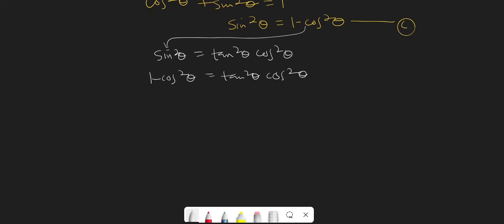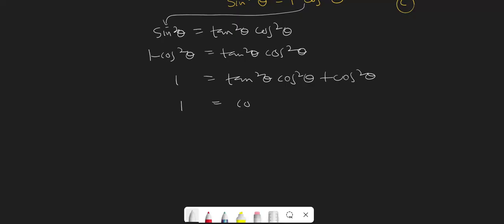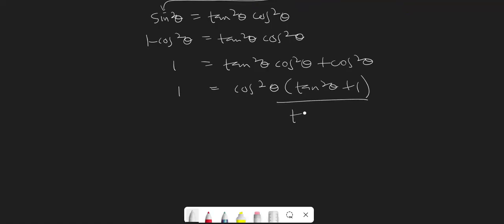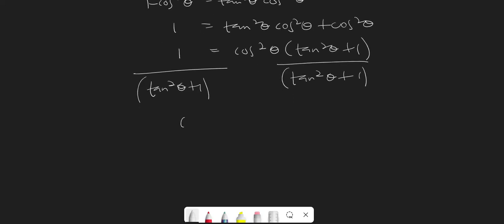We can group like terms again. So we have 1 will be equal to tan squared theta cosine squared theta plus cosine squared theta. So 1 should be equal to, factorize cosine squared theta out, cosine squared theta times tan squared theta plus 1. We can divide by tan squared theta plus 1 on both sides. So that leaves us with cosine squared theta will be equal to 1 over tan squared theta plus 1.